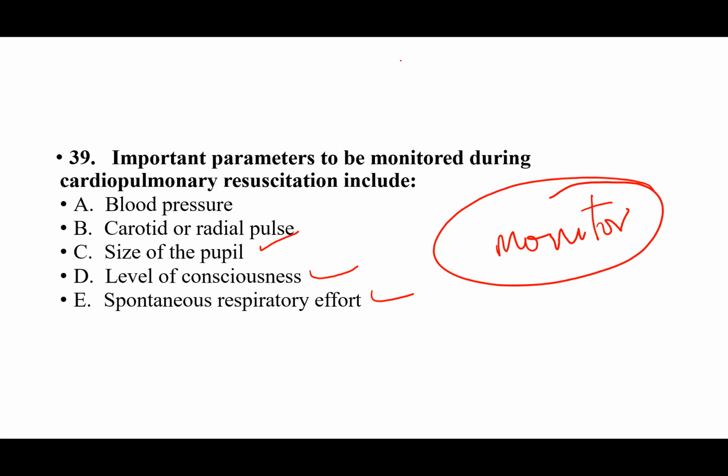No. Size of pupil. Of course, when I say everything is no, you take the next one. Why is it? What is the most reliable sign of absence of life? Spontaneous respiratory effort. No. It's of the pupils.